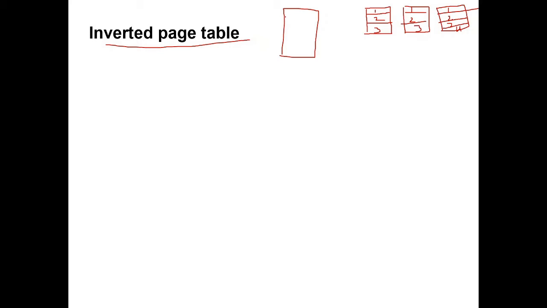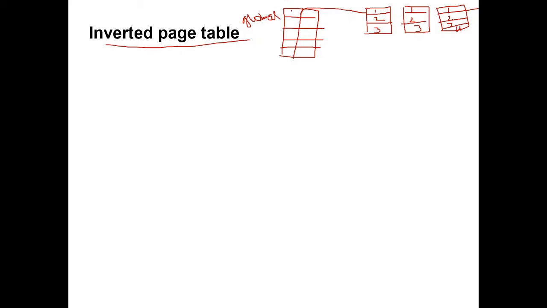In an inverted page table, only one table is maintained in the main memory, and this table we call a global table. So in an inverted page table, one table is maintained as a global page table, and this table will be used for executing the processes. Whichever pages have to be executed by the processes, that page's entry will be made in the page table.